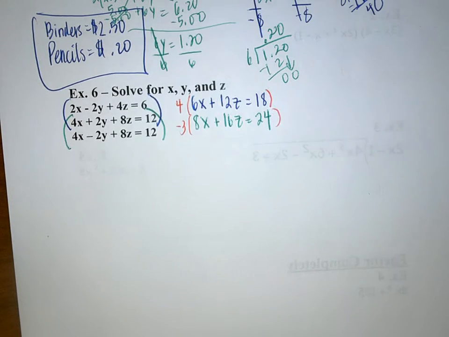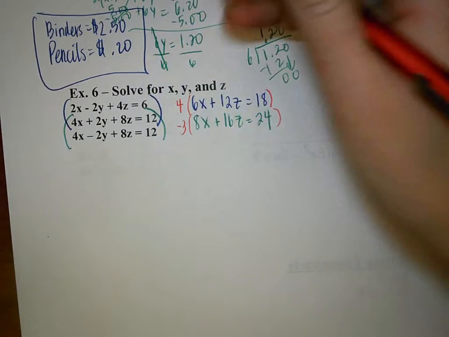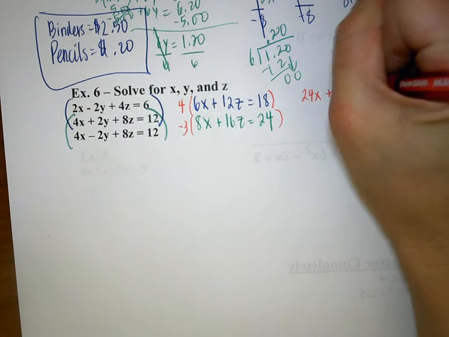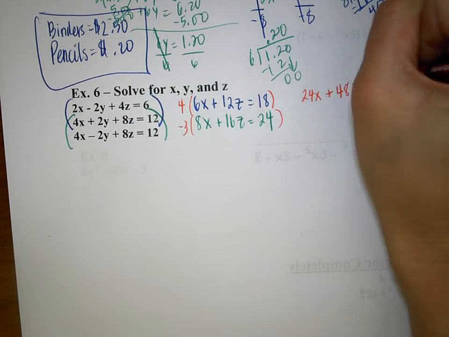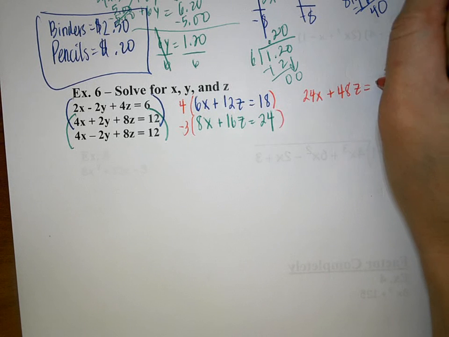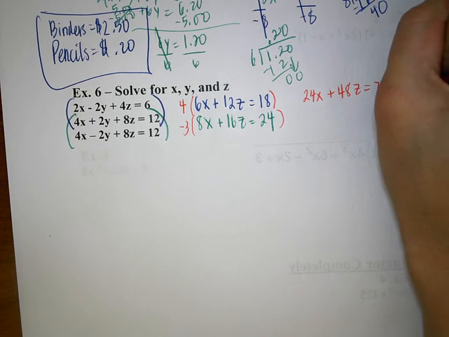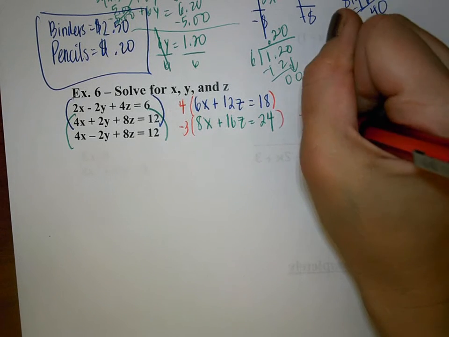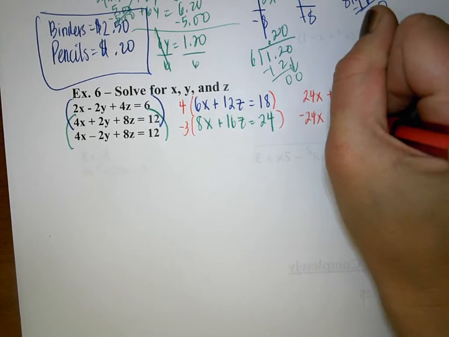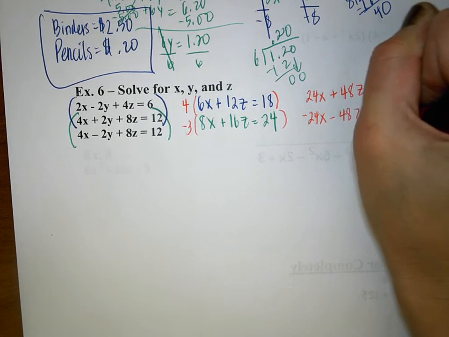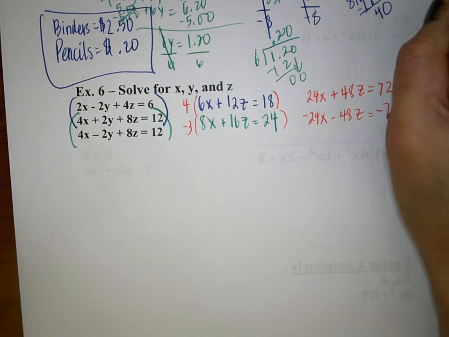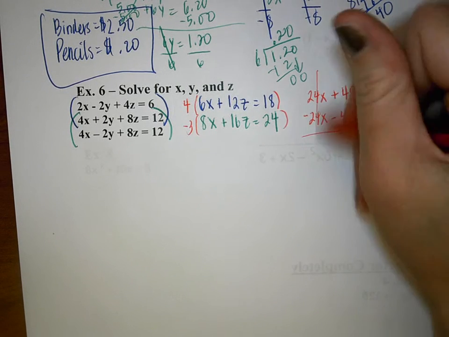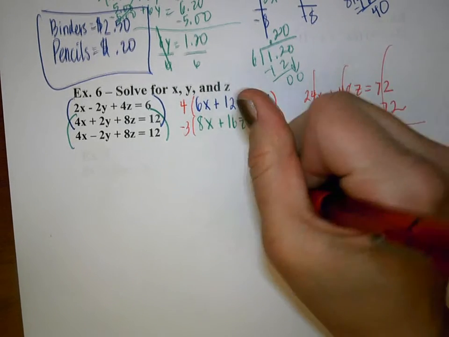When I multiply through by 4, I get 24x plus 48z equals, and 18 times 4 is 72. Very good. Then we multiply the bottom by -3. I get -24x minus 48z equals -72. Okay, so 0 equals 0, so all reals. 0 equals 0, all reals is my answer.